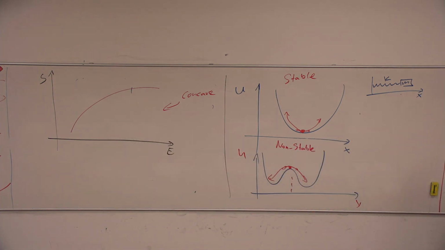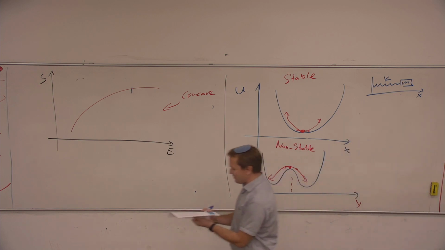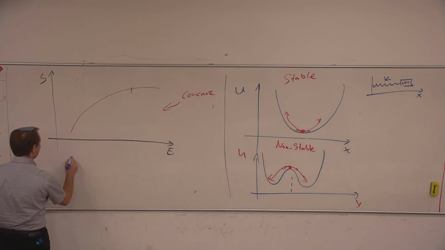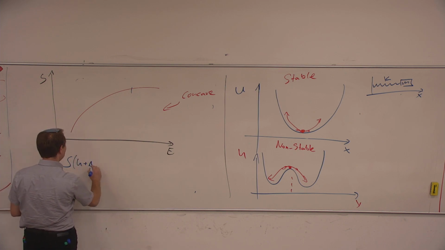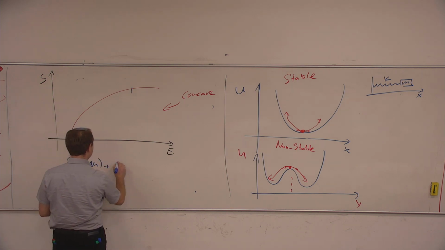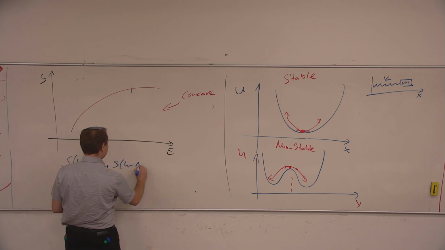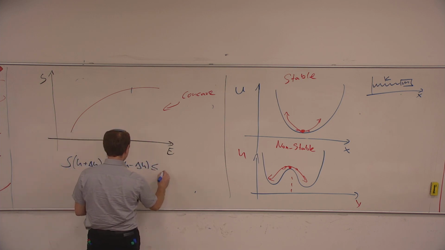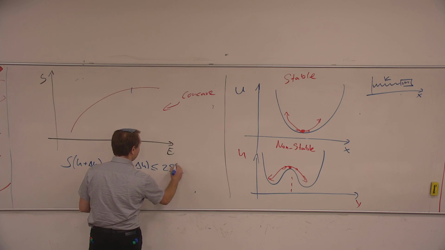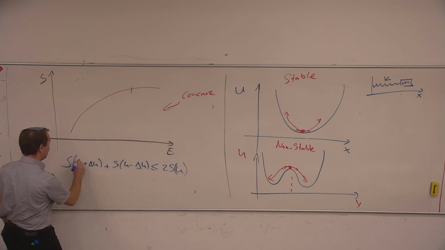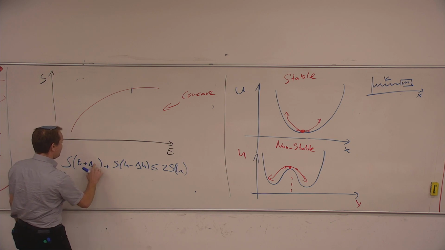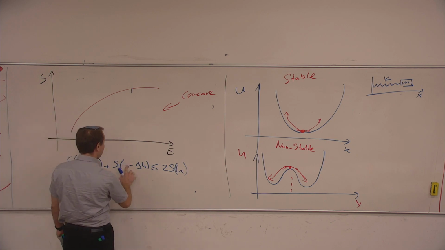Why do we need it to be concave? This is what we achieved at the end of the class: S of E plus delta E plus S of E minus delta E is smaller than 2 S of E. Let's make it E, since we're using E, so delta E and delta E.